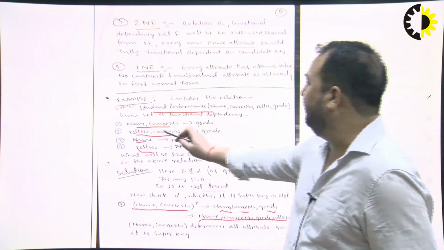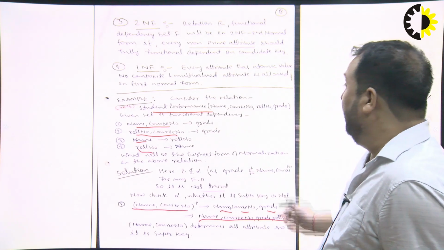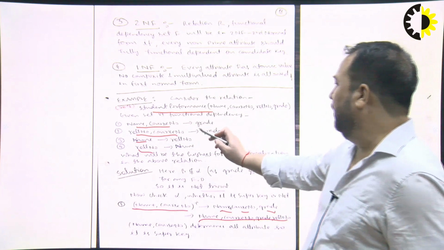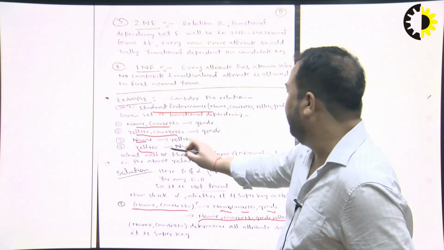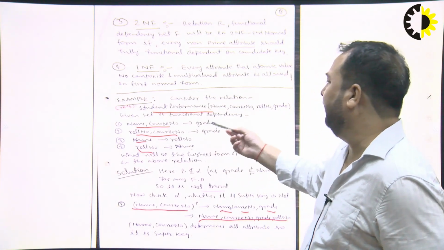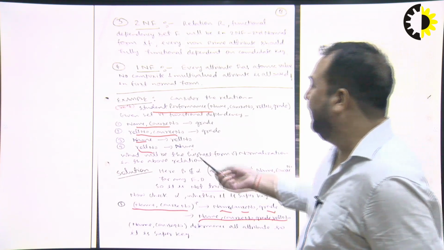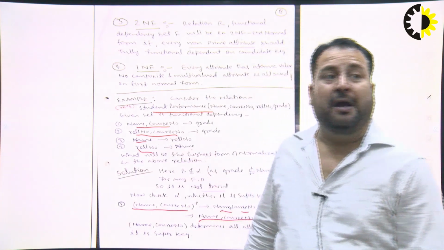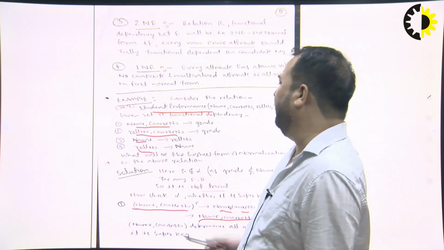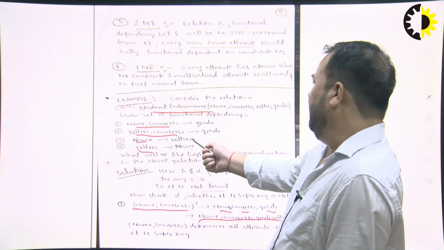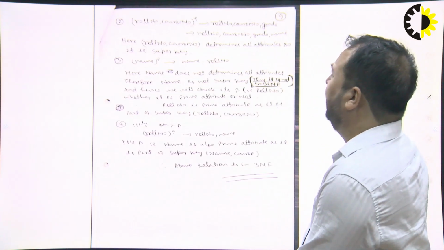Similarly, from roll number and course number we can determine roll number, course number, grade, and one is name. From roll number we can determine name. So ultimately we can determine all attributes. But from name and roll number we cannot determine all the attributes, because from name we can only determine roll number, and there is no way to move on.